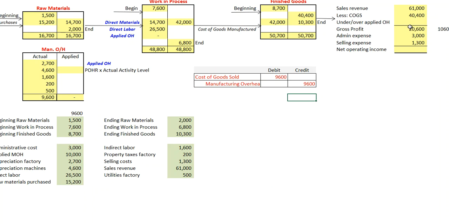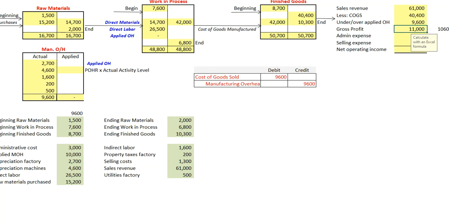And when we debit cost of goods sold for $9,600, we've increased cost of goods sold, and we've gotten back to where we should be with our gross profit. So again, we close out any under or over applied manufacturing overhead directly to cost of goods sold.